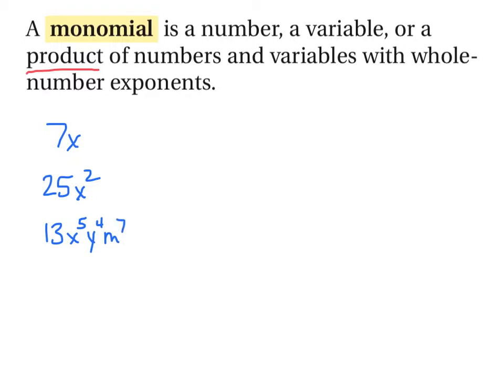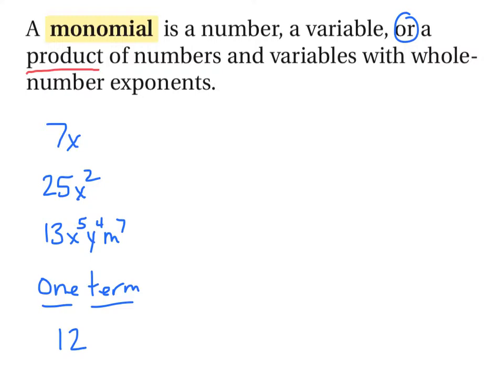Basically what we mean when we say monomial is one term. Okay, that's what monomial means. It means one term. So all these guys here are terms. Even the number 12 is a monomial. It's a product of numbers and or variables. Right? It says or right here, multiplied together. So all these guys are monomials.